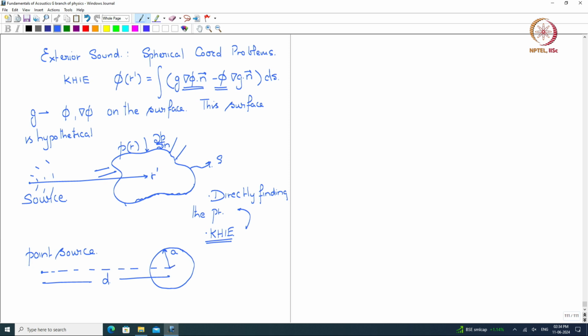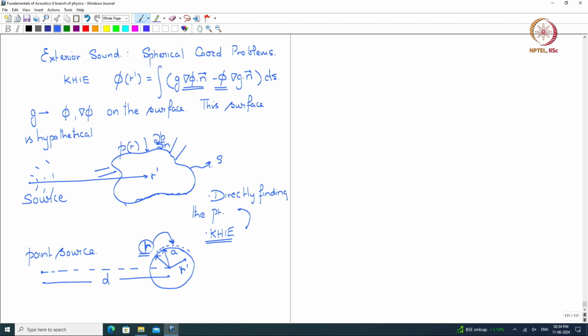And there is a point denoted by r dash where I would like to know the pressure, and the general roving coordinate on this surface is r. It moves on the spherical surface r. We will later set r equal to a, the radius of the sphere. R will be the general, a will be the specific value.